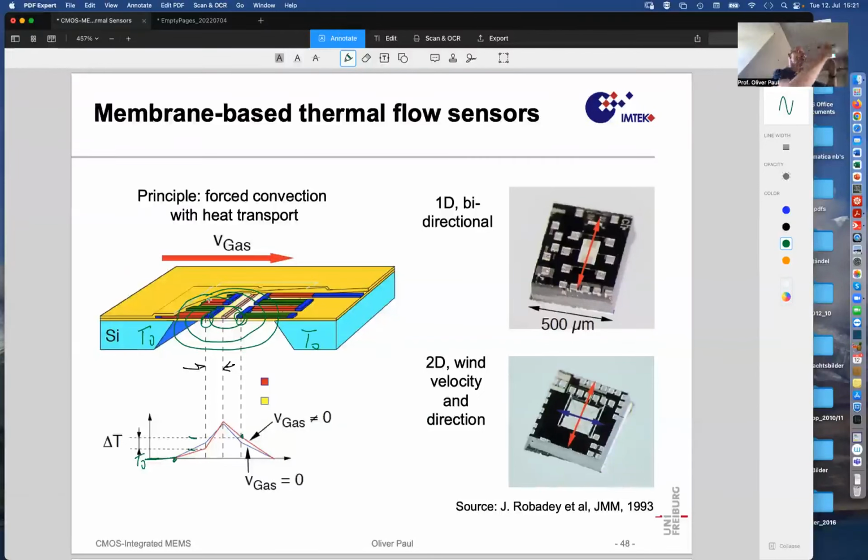When you subtract their voltages, then without gas flow, you have the output voltage 0. And when one becomes hotter than the other, that voltage minus the other becomes positive, or if the gas flow goes the other way, the voltage becomes negative. This is a simple principle that turns this thermoelectric structure into this gas flow sensor.